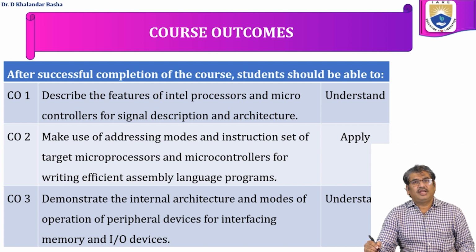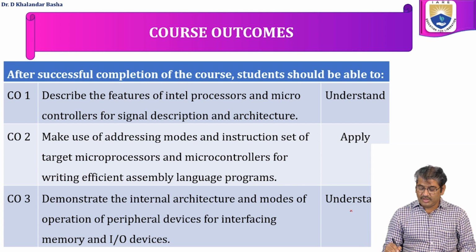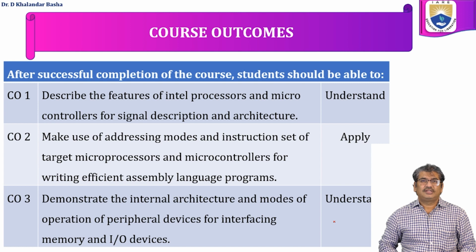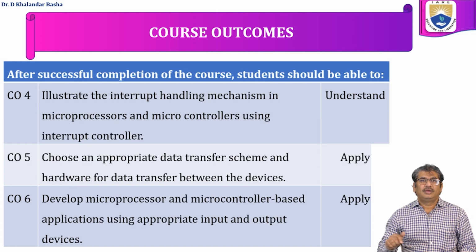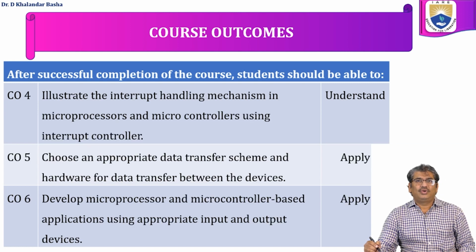The course outcome 3 is demonstrate the internal architecture and modes of operation of various peripheral devices for interfacing memory and I/O devices. For this course outcome, the Bloom taxonomy level is understand level. The course outcome 4 is for illustration of the interrupt handling mechanism in microprocessor and microcontroller using the interrupt controller system.